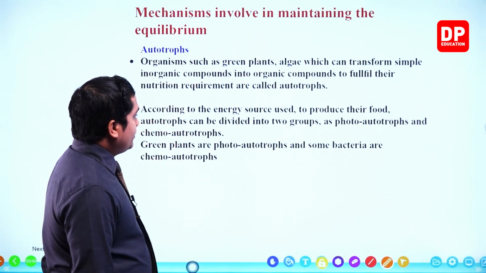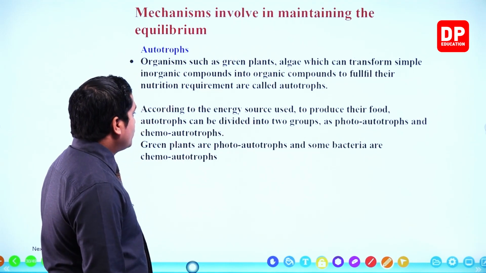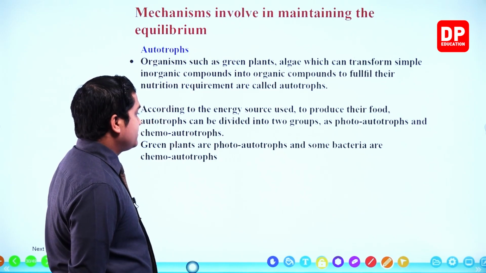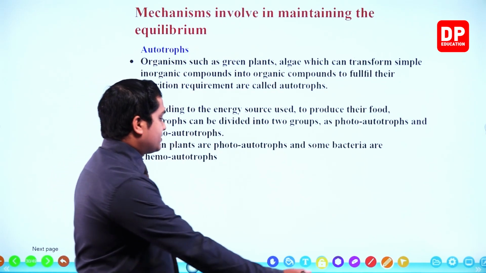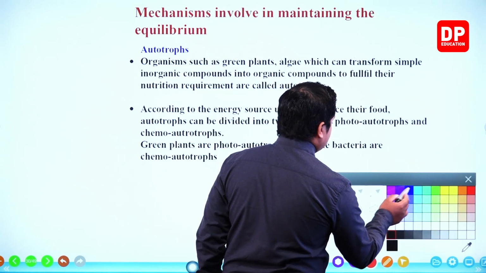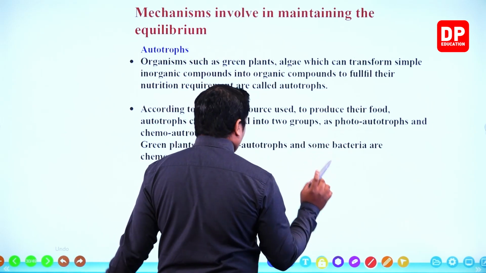Then according to the energy source used to produce their food, autotrophs can be divided into two groups: photoautotrophs and chemoautotrophs. We have studied these things when we discussed the lessons related to grade 10, my dear children.